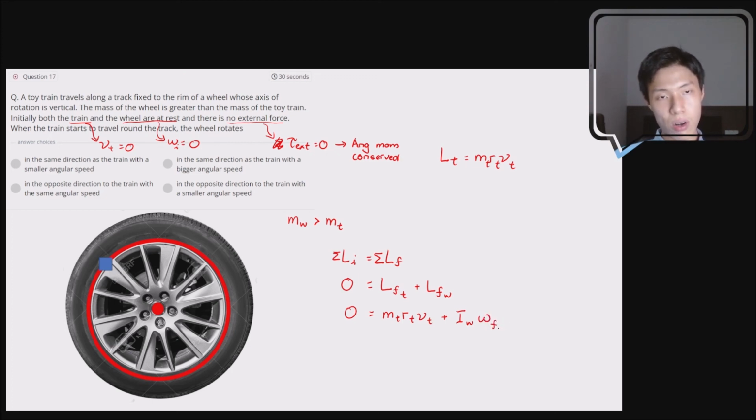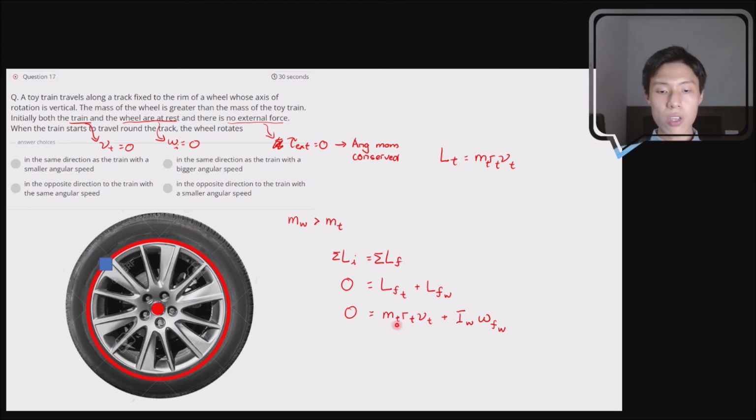This is the equation to represent the angular momentum final for the wheel. I omega is used for a rigid body where you know the moment of inertia. MRV, or RMV, depending on how you arrange it, is for a particle traveling at a certain distance away from the axis of rotation. This is a particle. This is a uniform rigid body.